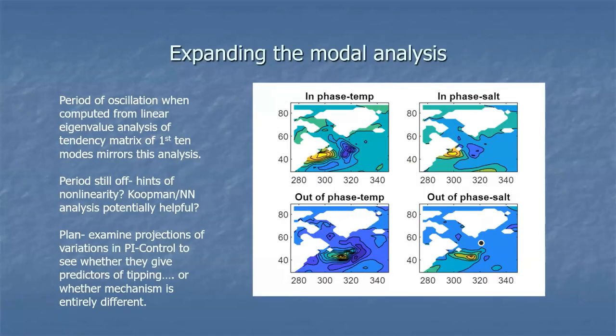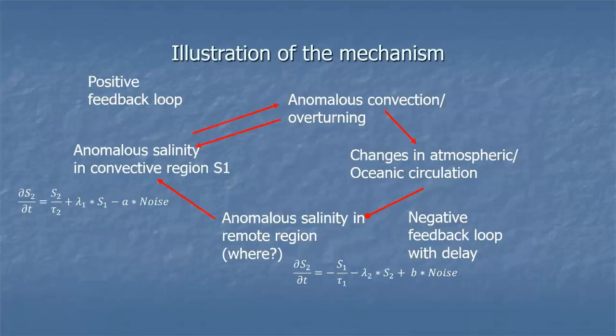So the period's off, and one of the questions we're thinking about is whether there are hints of nonlinearity. There are various machine learning methods where instead of fitting linear relationships, you fit nonlinear relationships, that we're exploring to see whether we can get a better representation of this. Additionally, we're starting to examine the projections of this in a couple models.